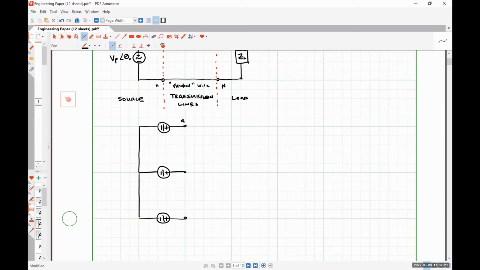So I'm going to call this lowercase a, this terminal lowercase b, and this terminal lowercase c. I'm going to call this voltage VPA with an angle of theta A. This voltage will be VPB with an angle of theta B. And this voltage will be VPC with an angle of theta C.